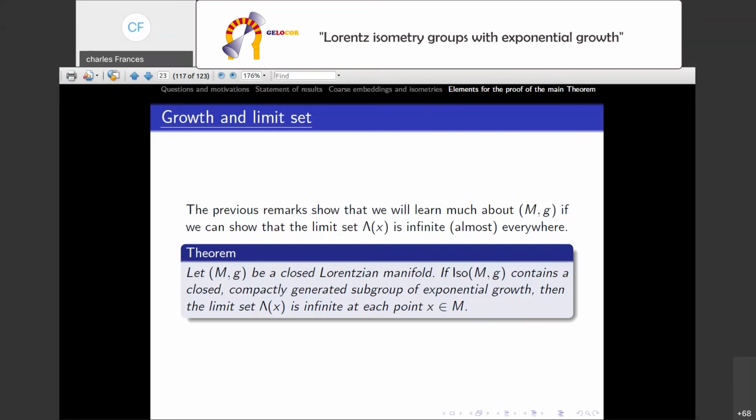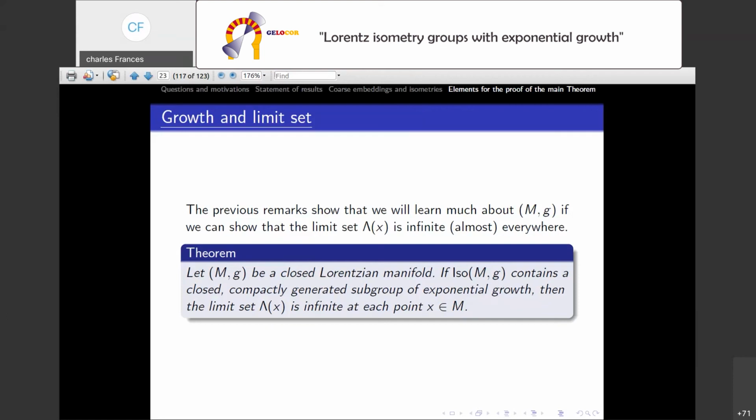Since I must conclude, I will just say that thanks to those geometric ingredients, we can produce a closed submanifold of M, which will be invariant by the isometry group, or at least by a finite index subgroup of the isometry group, providing by restriction a proper homomorphism from the isometry group to the isometry group of a locally homogeneous manifold.